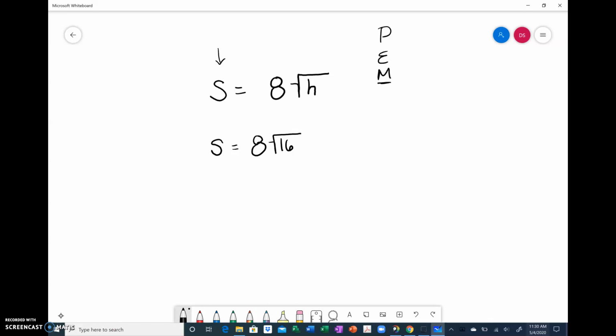What is the square root of 16? It is 4. So I'm doing 8 times 4, and I would get 32. So the pole vaulter needs a minimum of 32 feet per second. That's how fast they have to run. That 32 doesn't sound like speed, but we did solve for S. Okay?